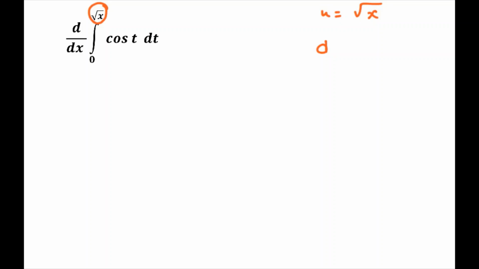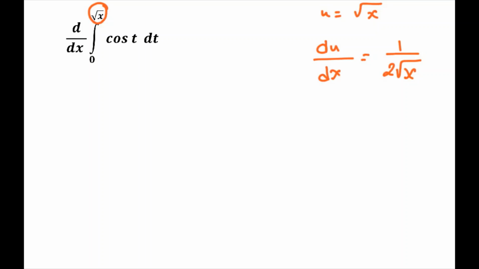For this question, we need to find the derivative of the integral of cosine t dt from 0 to square root of x. In this case, we are going to use the fundamental theorem of calculus, and what we are going to do basically is find the derivative of square root of x. So I'm going to say, let u be the square root of x. Then du over dx will be 1 over 2 square root of x.